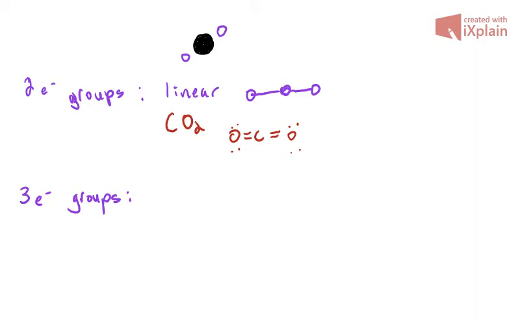It is called trigonal planar. Okay, trigonal planar is our central atom. I'm actually going to shade in the central atom so you guys know. The central atom with 3 things, 3 electron groups coming off of it.